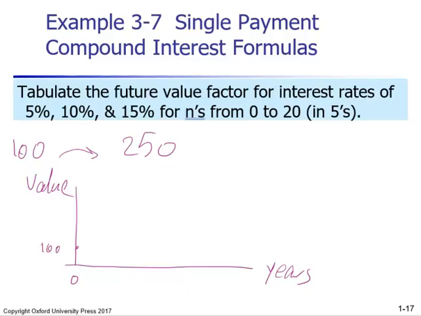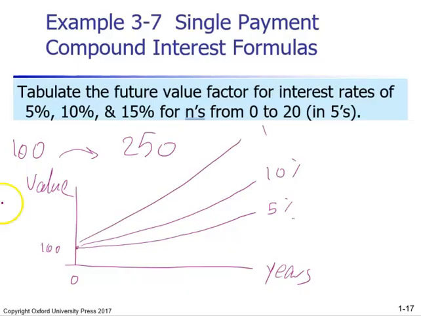But one of them shows you the growth rate with 5%, the other one with 10%, and the other one with 15%. So it means that during all these years, 0 to 20, in steps of 5.